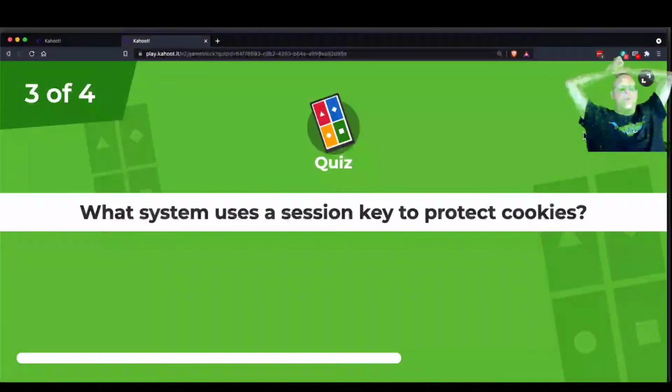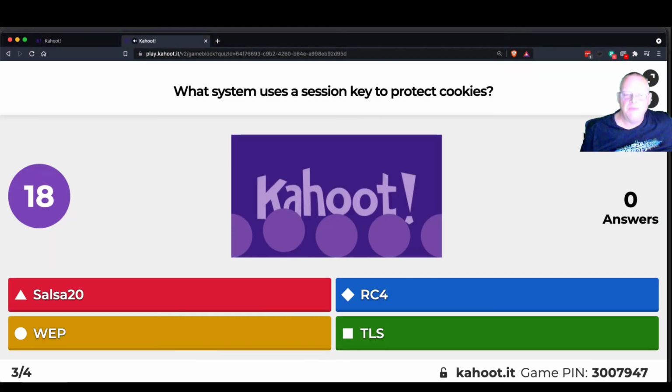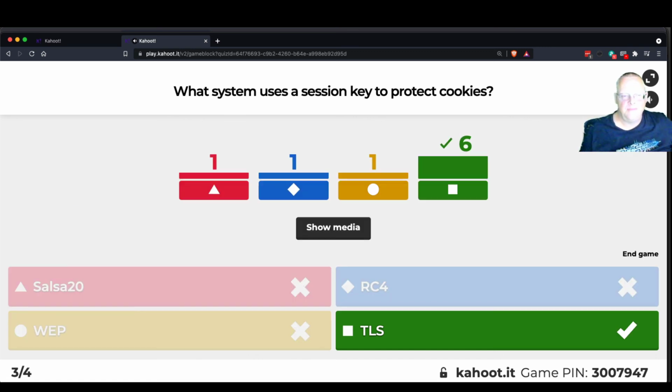All right, which one uses a session key to protect cookies? That's how TLS works. You make a random 128-bit key, you exchange it with public key cryptography, and then you use a stream cipher to encrypt all the data with that 128-bit key.